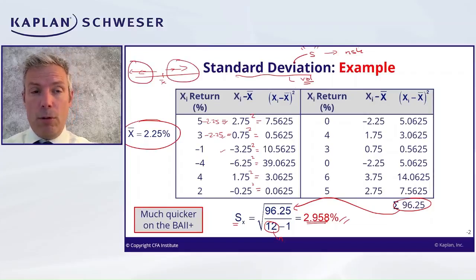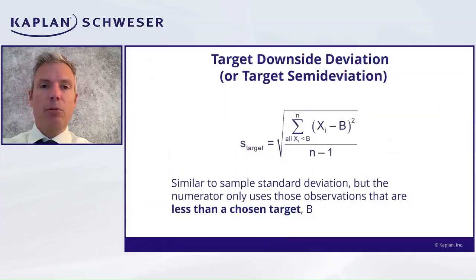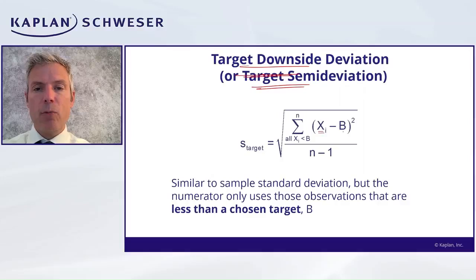So there are measures that focus on the left-hand side of the distribution, what's called target downside deviation or target semi-deviation. Here, we're only going to consider squared deviations when we are below a target that's specified by the analyst, by the user, by you. So B is like a barrier or a sort of threshold.